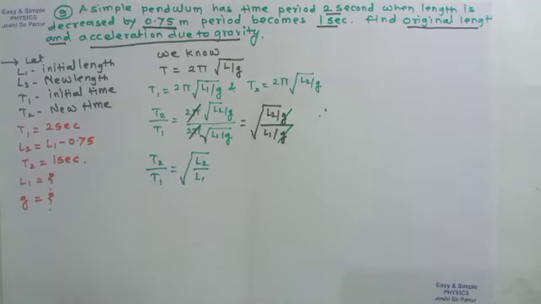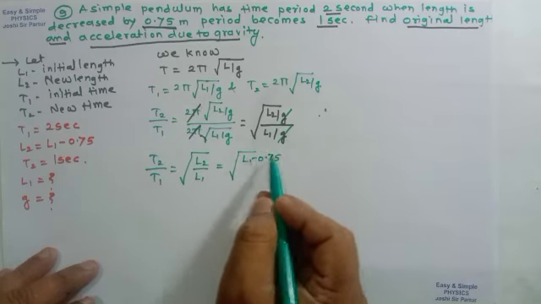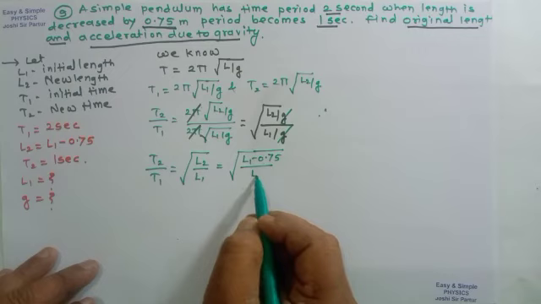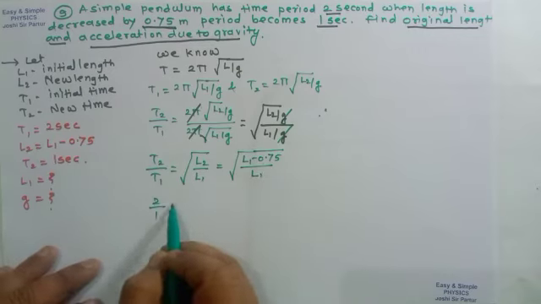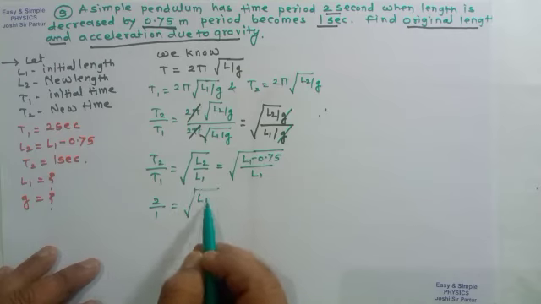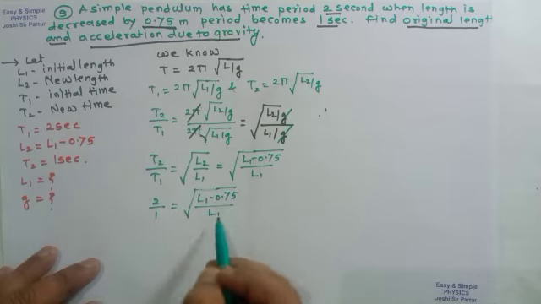By substituting the value, it is square root of L1 minus 0.75 upon L1. Here T2 upon T1, 1 upon 2, is equal to square root of L1 minus 0.75 upon L1.